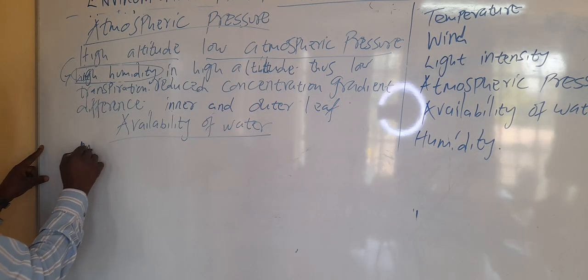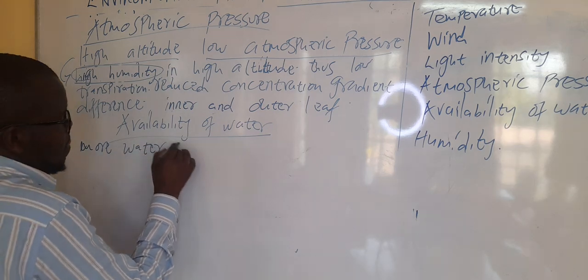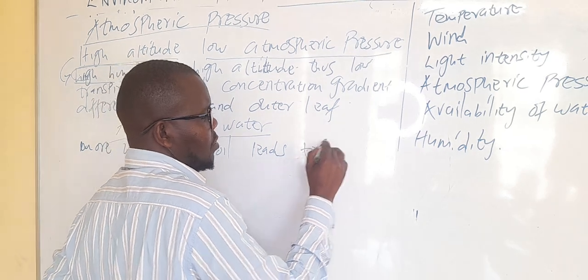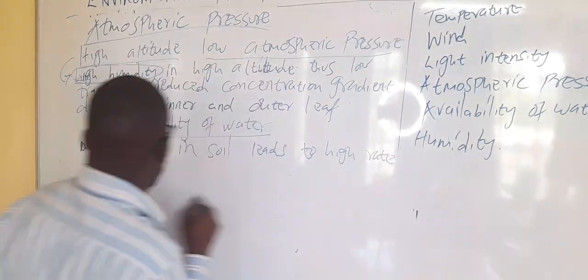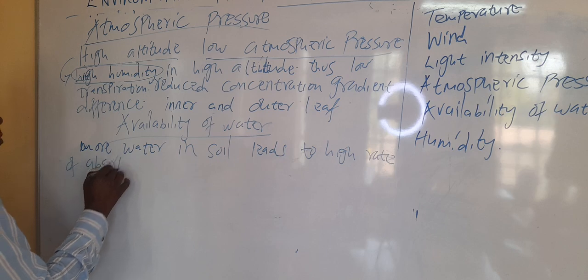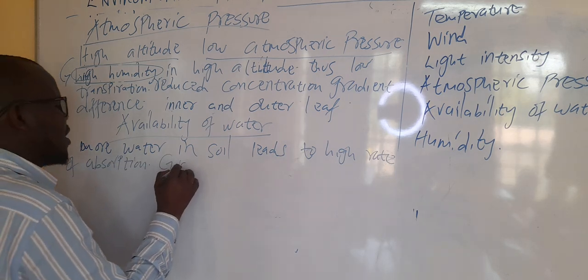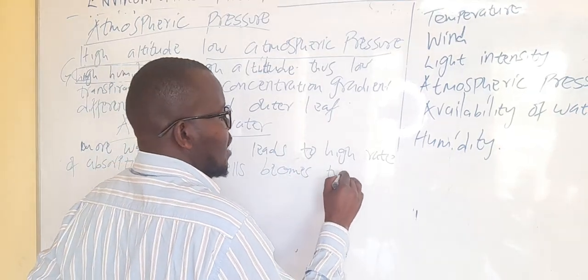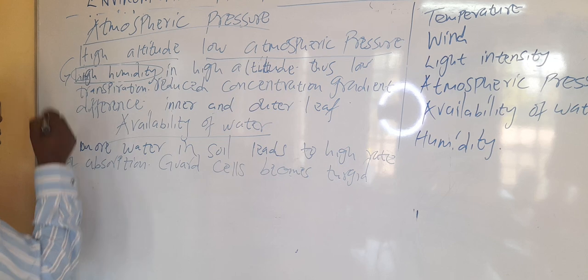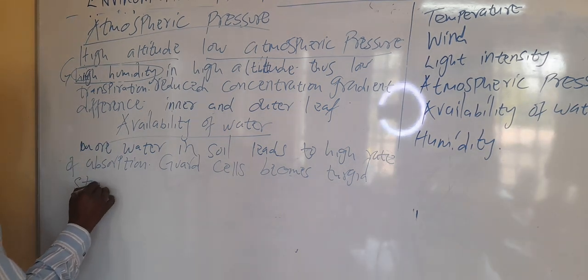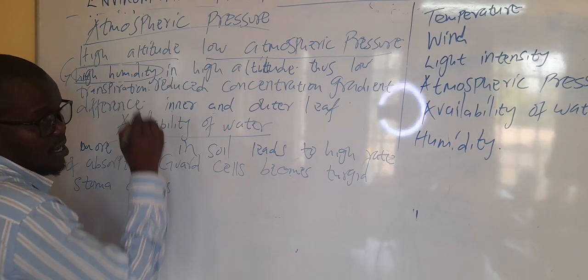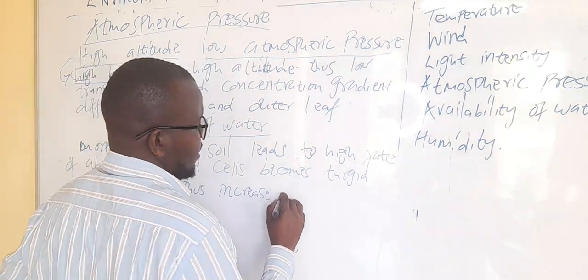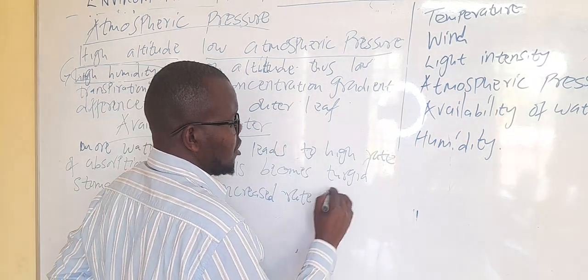So we're saying more water in the soil leads to a higher rate of absorption, guard cells become turgid, and because guard cells become turgid, what happens? This leads to stoma open. Stoma opens and thus increased rates of transpiration, and vice versa.